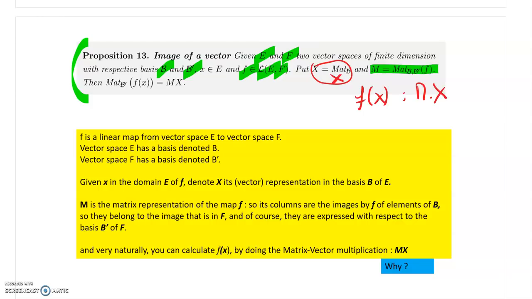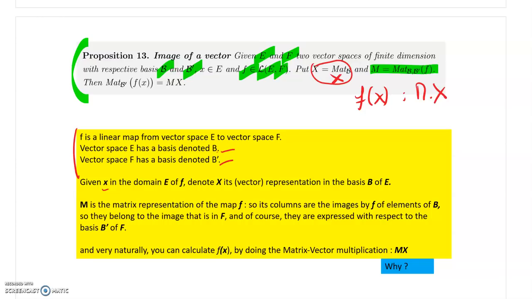Isn't that nice? All right, maybe we can read that quickly. If F is a linear map from vector space E to vector space F, it's just a rereading of each of the points, everything I've said. E has a basis denoted B, F has a basis denoted B prime.